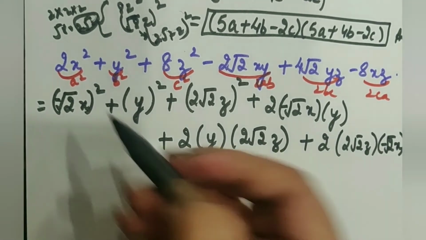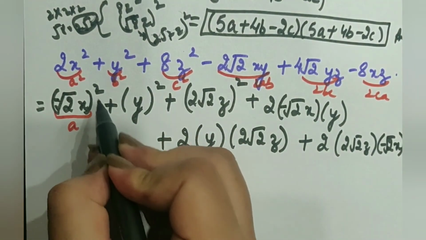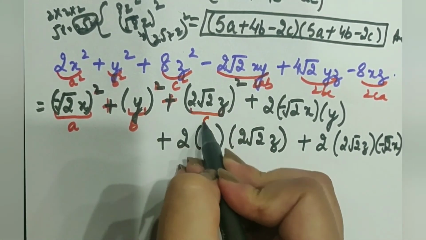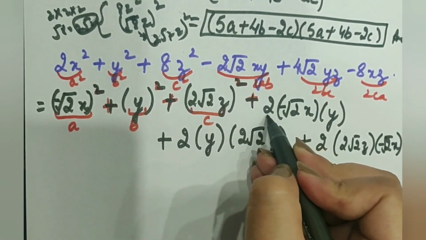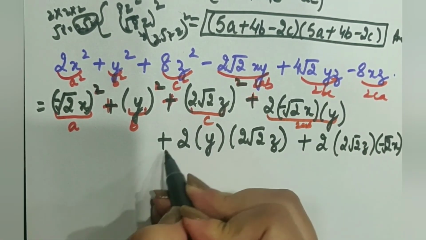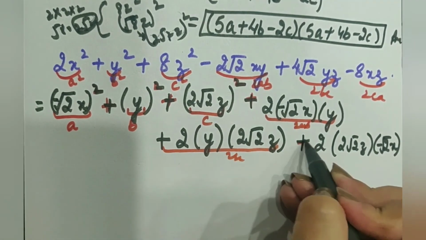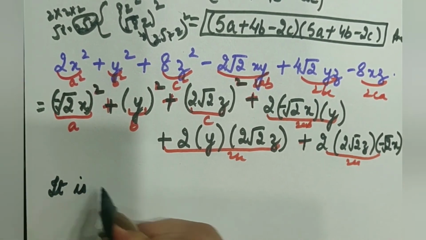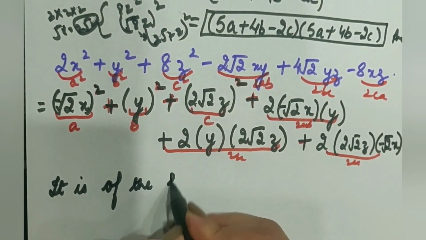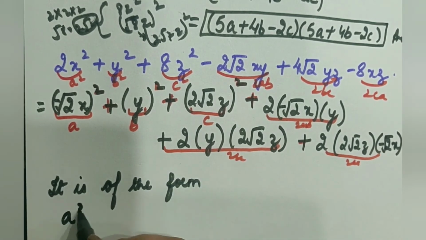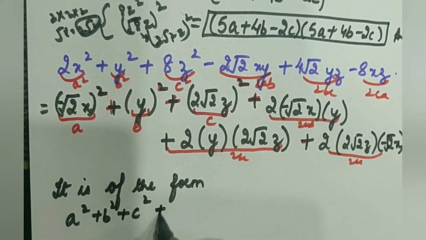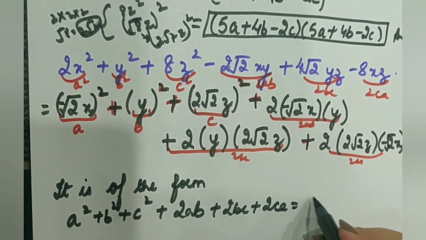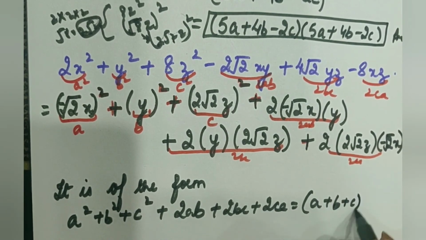Now this has turned out to be the form of a square plus b square plus c square plus 2ab plus 2bc plus 2ca, which is equal to (a plus b plus c) whole square.